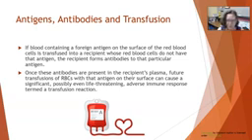So once these antibodies are present in the recipient's plasma, future transfusions of red cells that have that antigen can cause a significant, possibly life-threatening adverse immune response or a transfusion reaction.